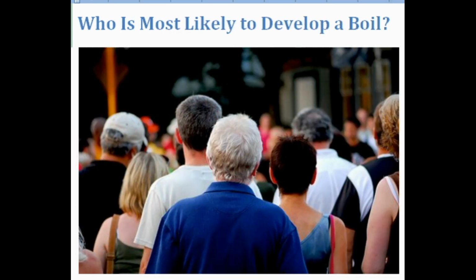Who is most likely to develop a boil? Anyone can develop a boil. However, people with certain illnesses or medications that impair the body's immune system are more likely to develop boils. Among the illnesses that can be associated with impaired immune systems are diabetes and kidney failure.